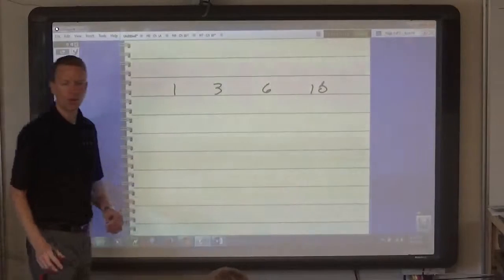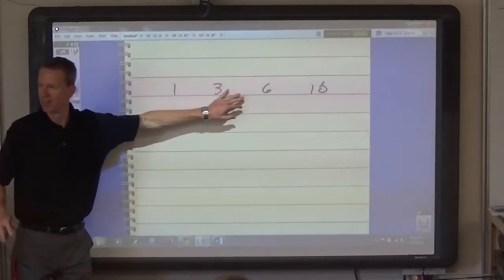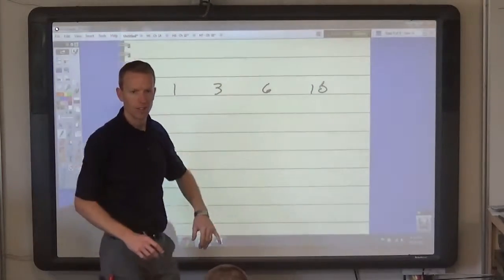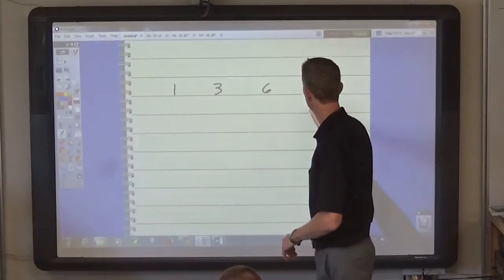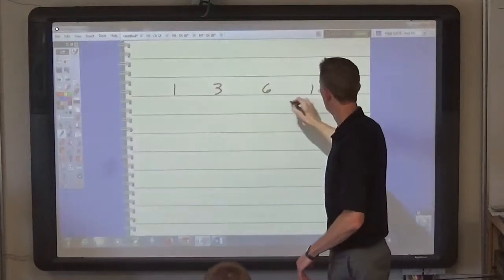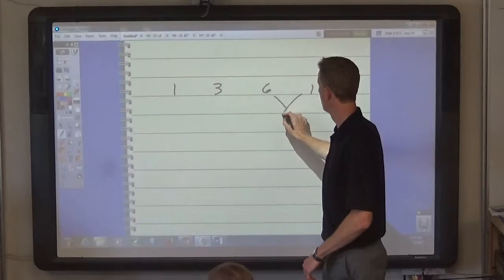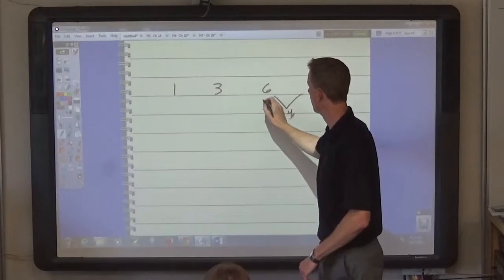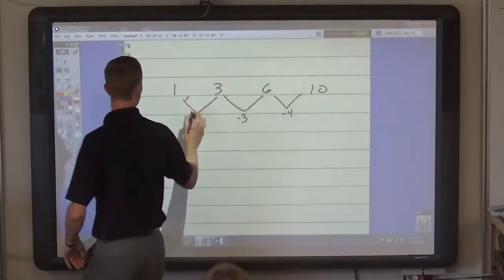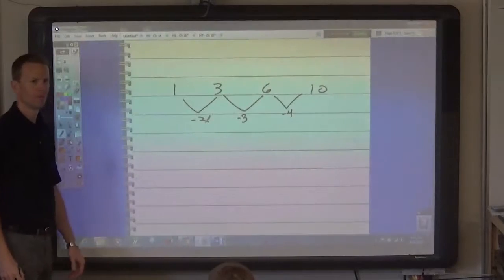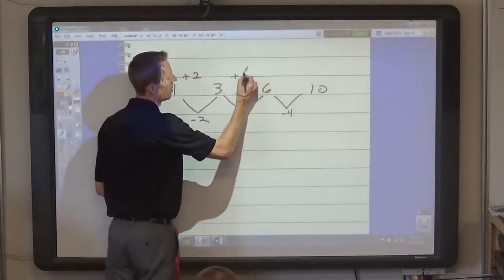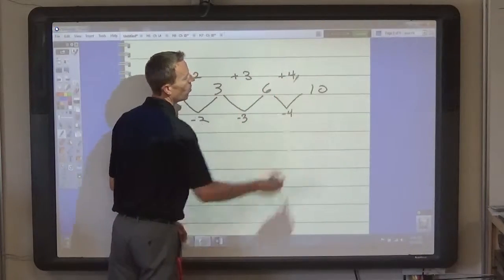So what can you show on this pattern? If you subtract them, you get what? The difference is minus 4, minus 3, minus 2. Okay. Or if you add them, it's plus 2, plus 3, plus 4.